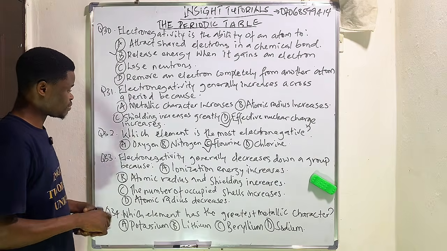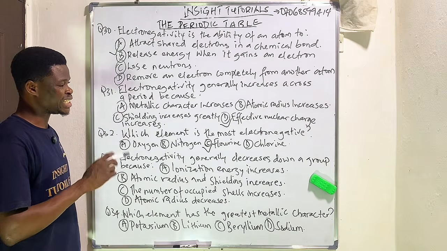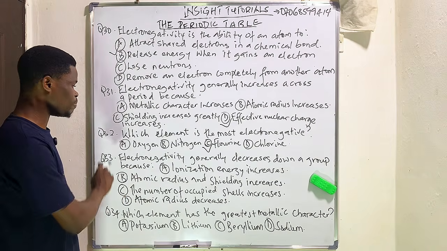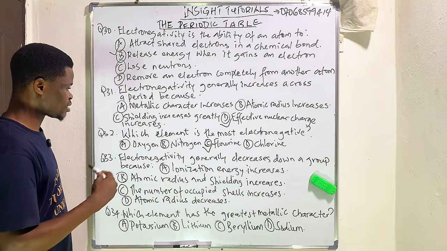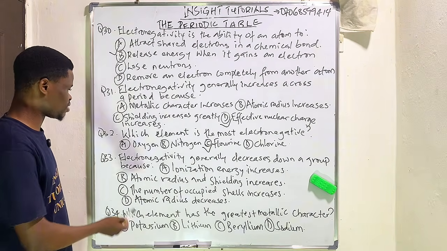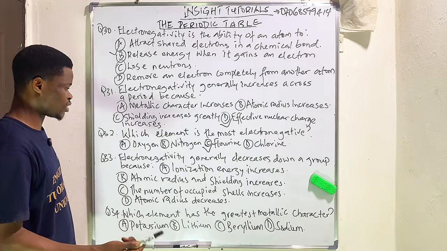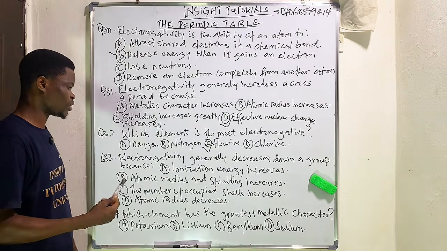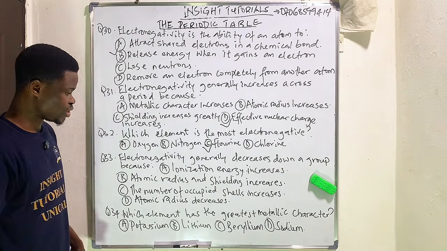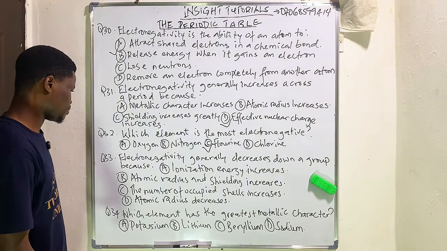Question 33 says, electronegativity generally decreases down a group because A says ionization energy increases, B says atomic radius and shielding increases, C says the number of occupied shells increases, and D says atomic radius decreases.